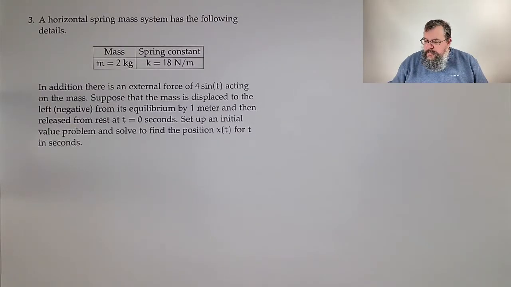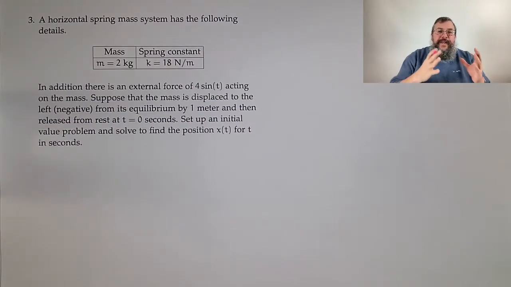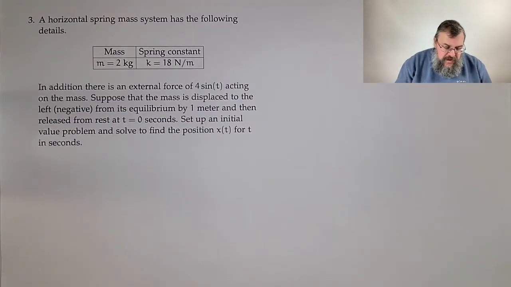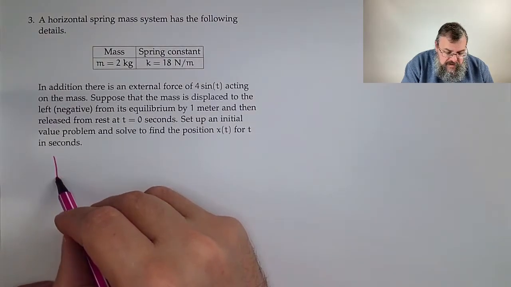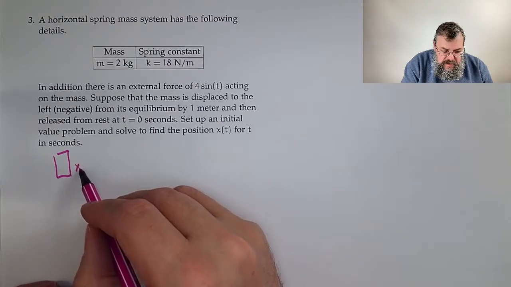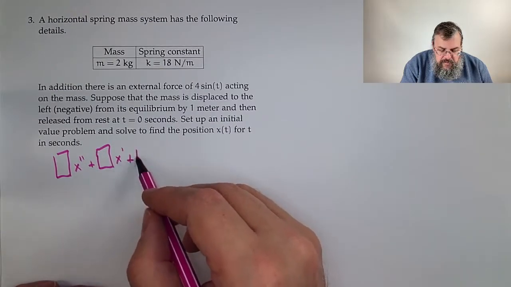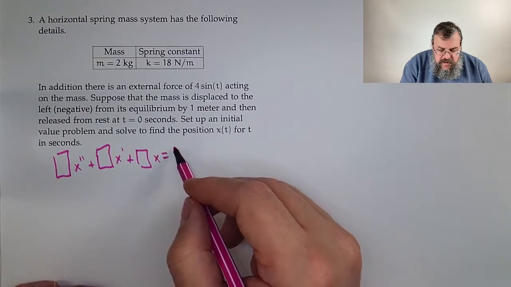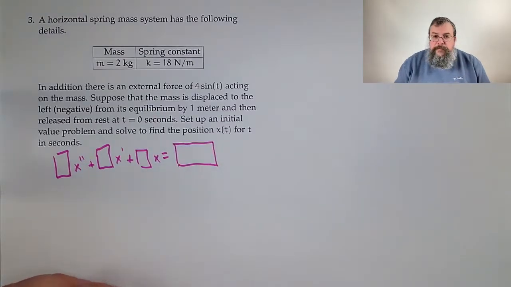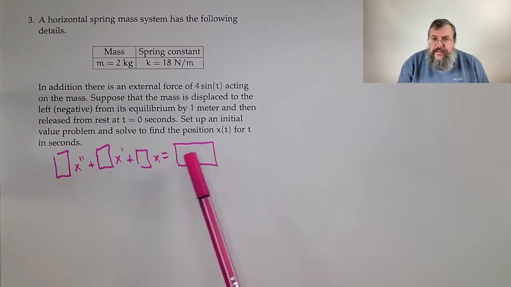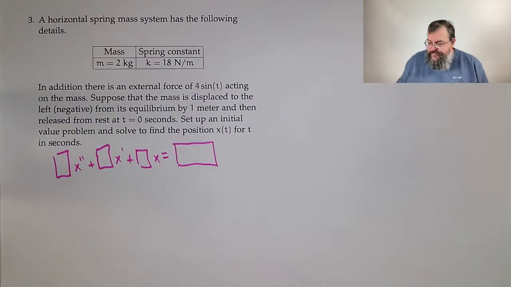Now, setting it up, that's not too bad, because what do we have? We know it's a spring mass system, so we have our basic formula. We have something x double prime plus something x prime plus something x equals something, right? That's our generic form for spring mass, where these are constants. Now, what are the constants?